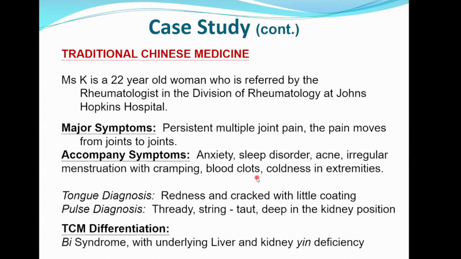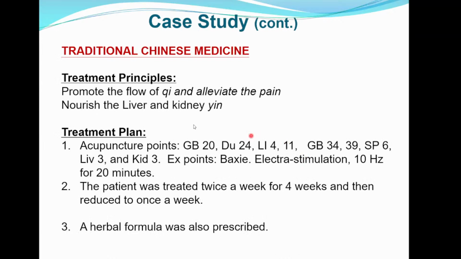Based on this differentiation, I decided the treatment principle: to promote the flow of qi and alleviate the pain, and to address the underlying disorder, we nourish the liver and kidney yin. The treatment plan uses both acupuncture and herbal medicine.